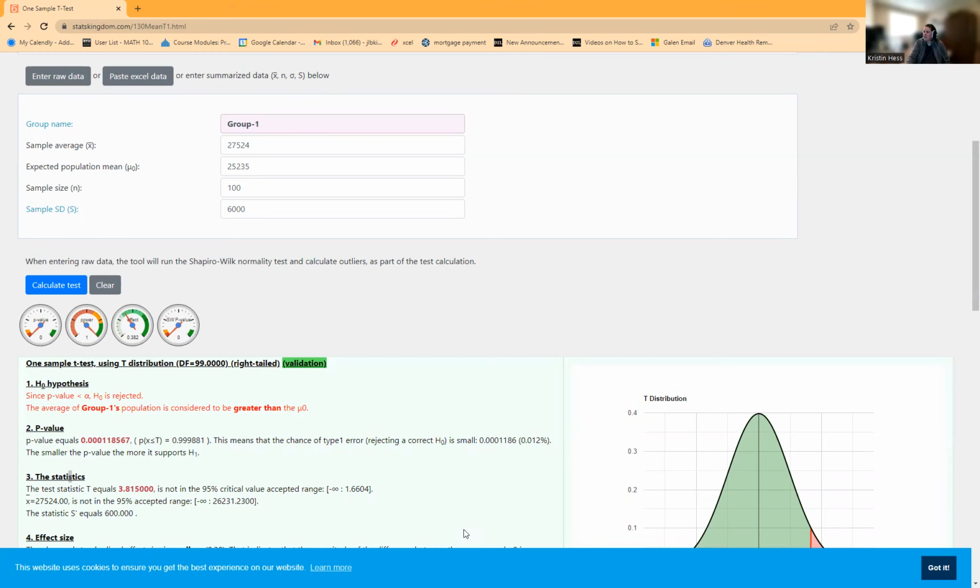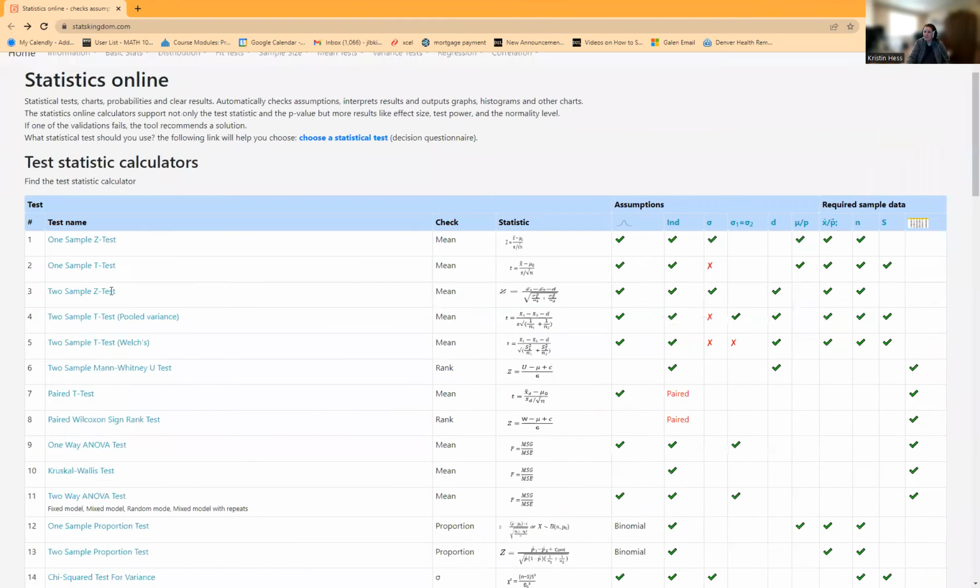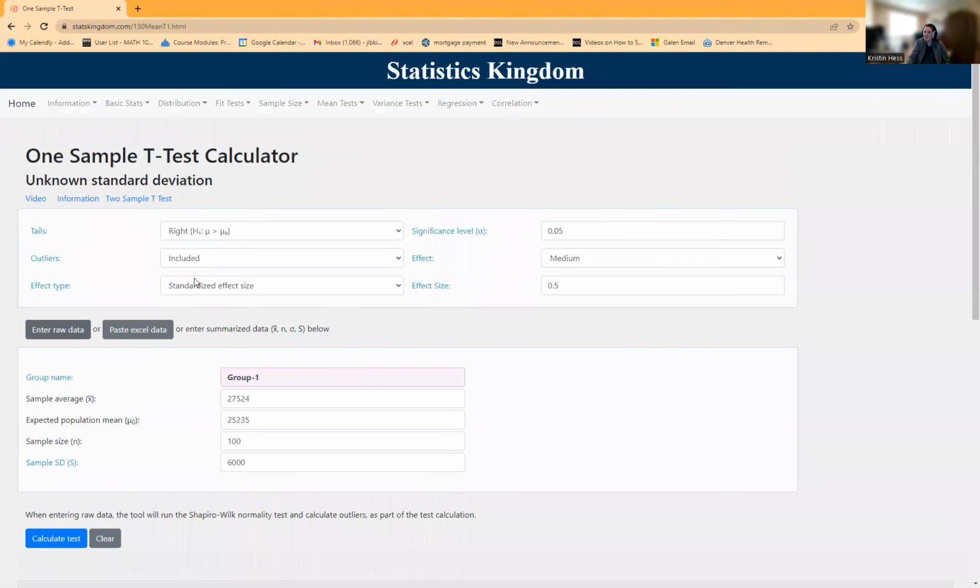And so again, we have the population mean. So again, we do not have the population standard deviation. So we go back to our list of tests because we don't know the population standard deviation and it's just one sample. We'll use this one sample t-test.